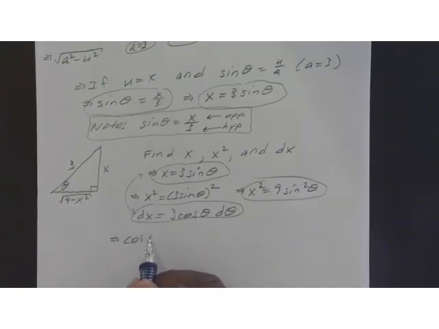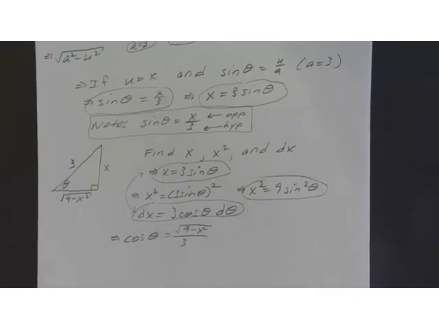Okay. So cosine of theta, which is adjacent over hypotenuse, is the square root of 9 minus x squared divided by 3. And again, you can put a little adjacent over hypotenuse as a side note.